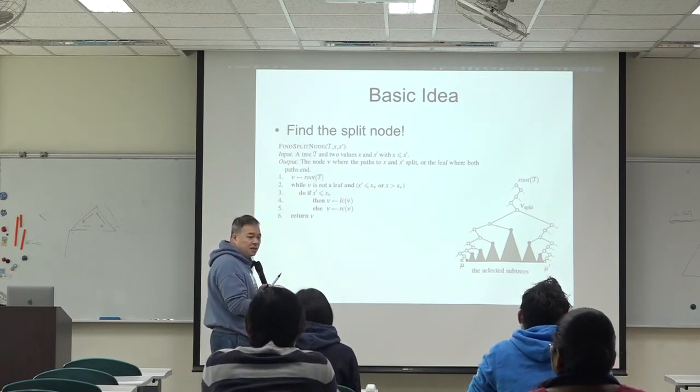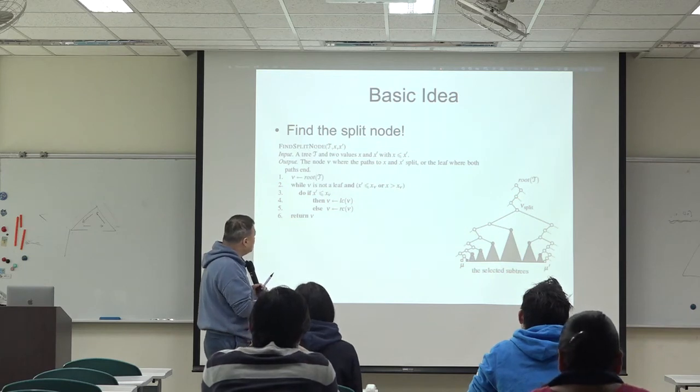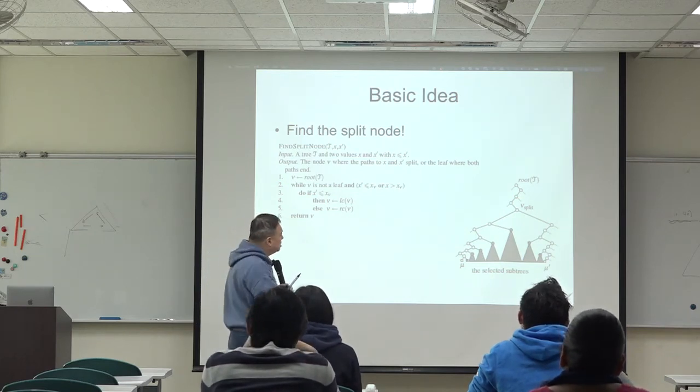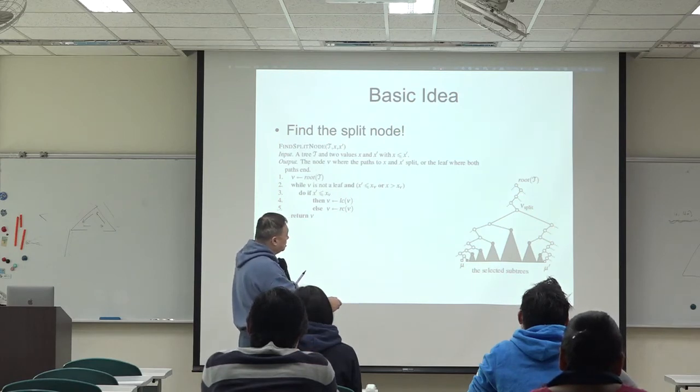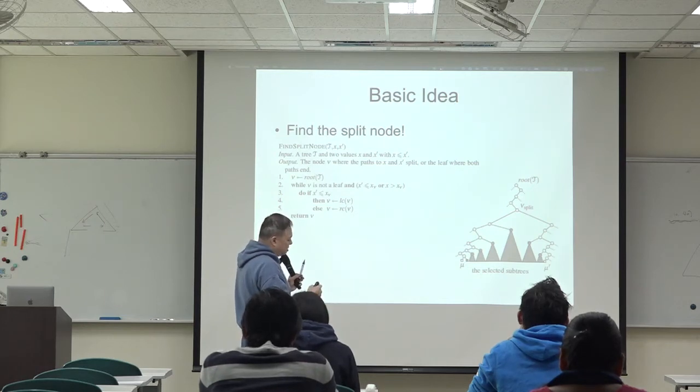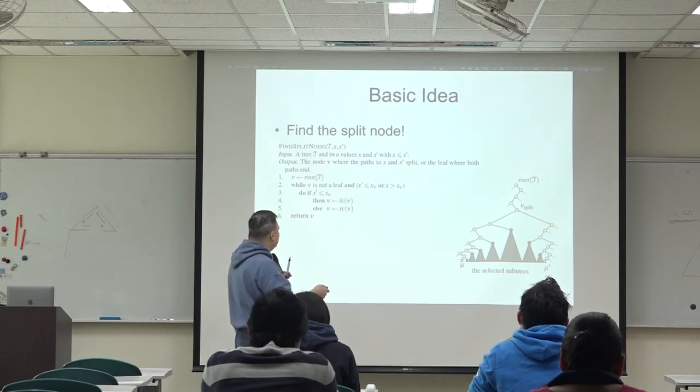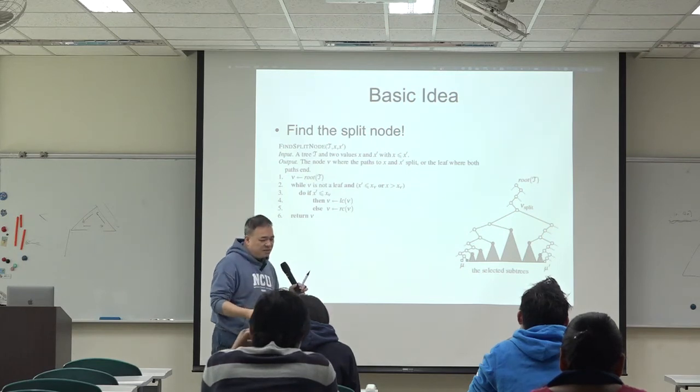Then we return the first node from the root whose value is in between x and x prime. That node is the split node.